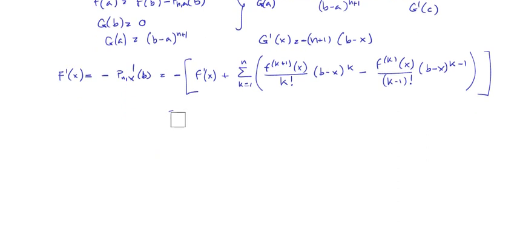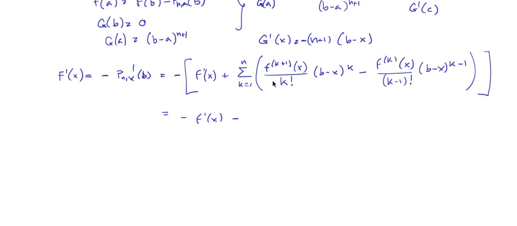So now this is going to be minus f prime at x, and then we have minus, and then you see that this sum is going to be telescoping, right? Because this is k plus 1, k minus 1, right? So this is something at k plus 1 minus something at k.